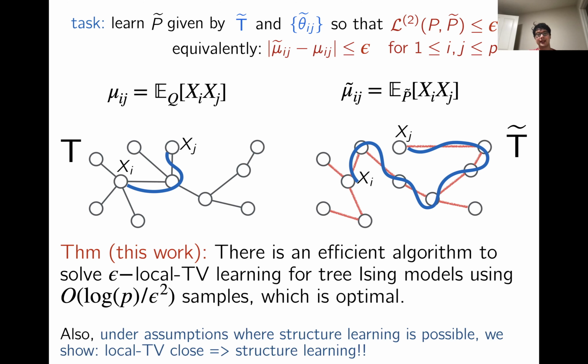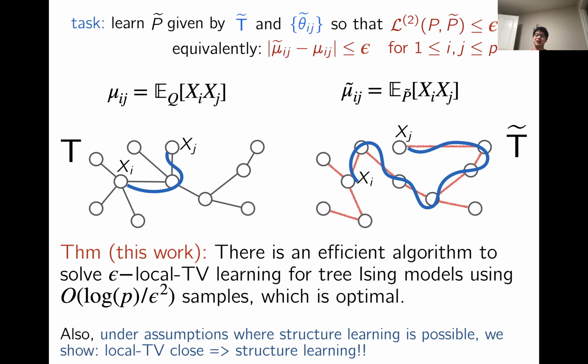Okay? And finally, I want to come back to the very beginning of the talk. We were saying structured learning is a really good objective, but it has these weaknesses. Now, this is an objective which actually generalizes structured learning. So what does it mean? When structured learning is possible, so you can assume edge weights are not too strong or too weak, then whenever you have those assumptions, local TV closeness actually does imply the correct structure is recovered.